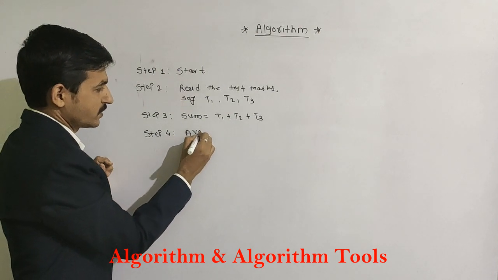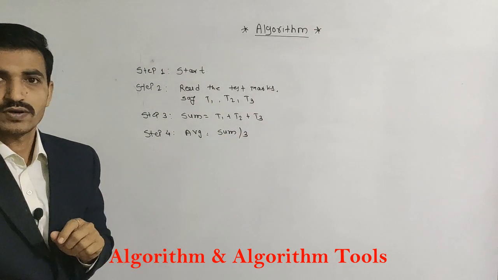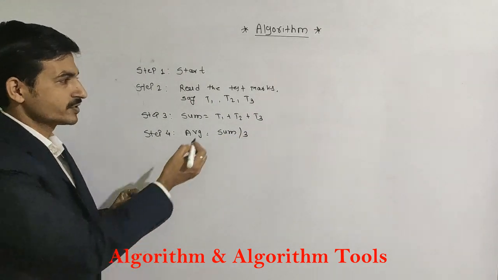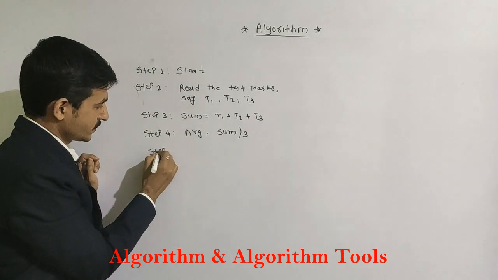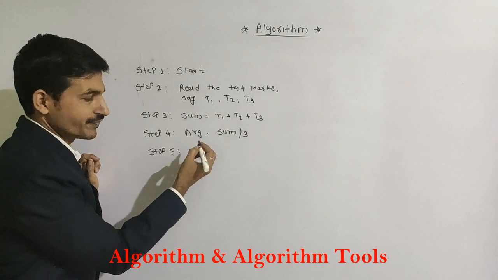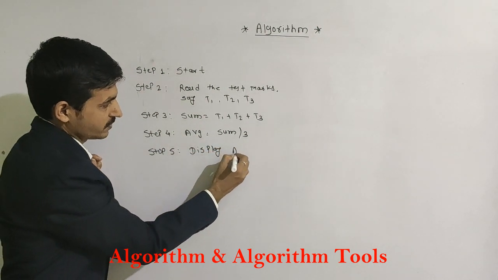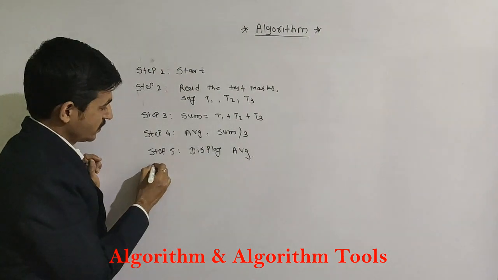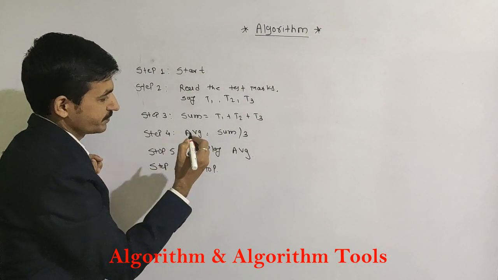Then we'll find out the average of the given sum, the average of the calculated sum. Then finally we'll print or display the average. Then we'll say the algorithm is terminated.